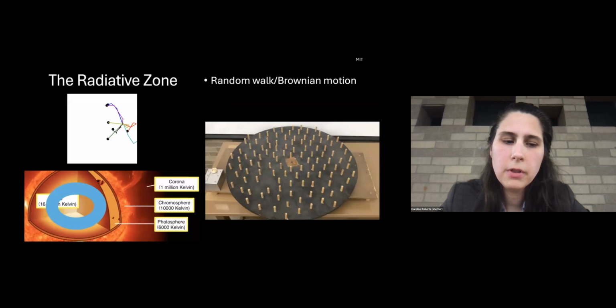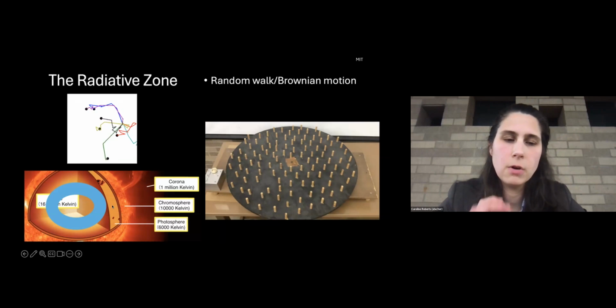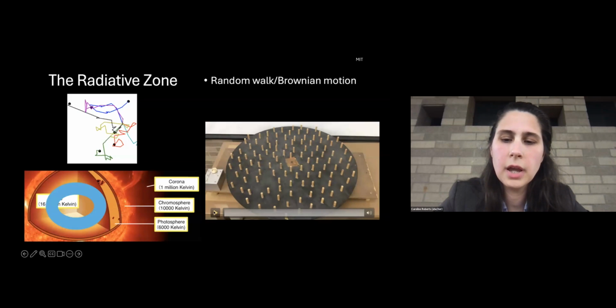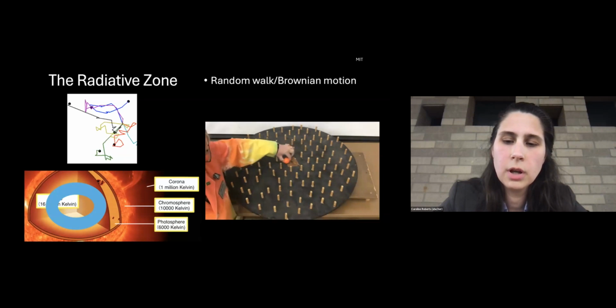Let's travel a bit further out. We think of the next layer of the sun outside of the core, we call the radiative zone. And so here, particles of light, photons of light, these energetic light particles are moving randomly. Here you can see in this demonstration, what is a photon of light going to do in the radiative zone?